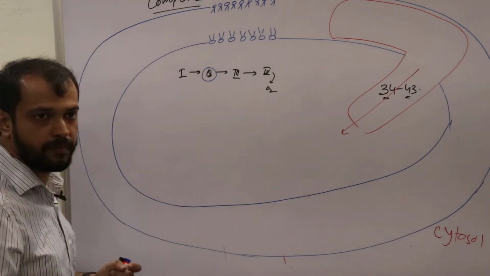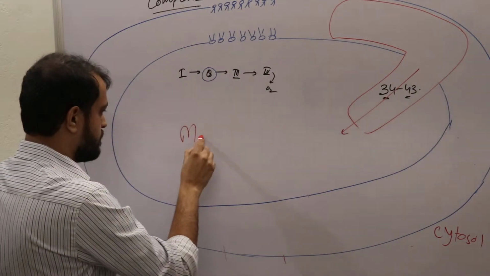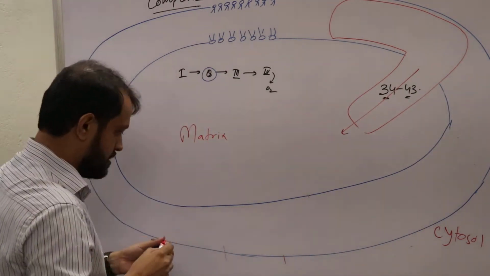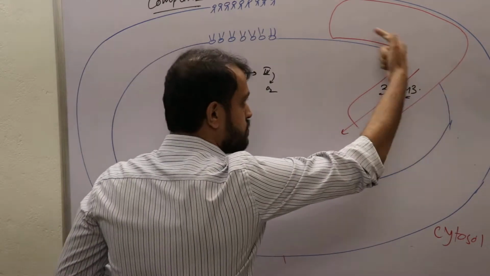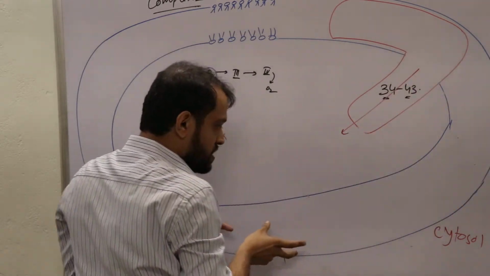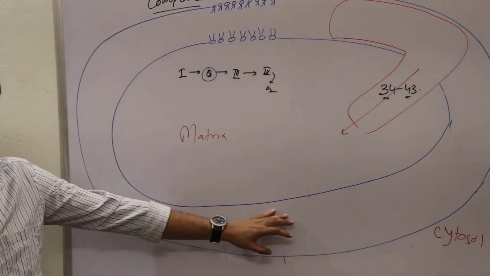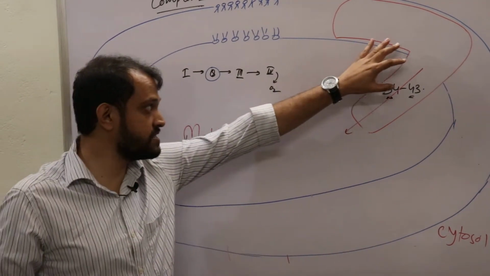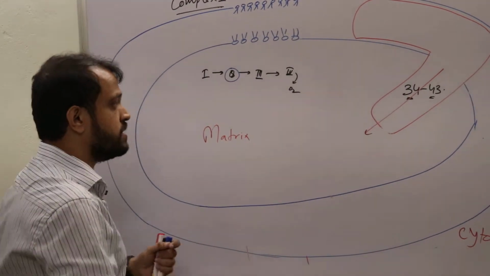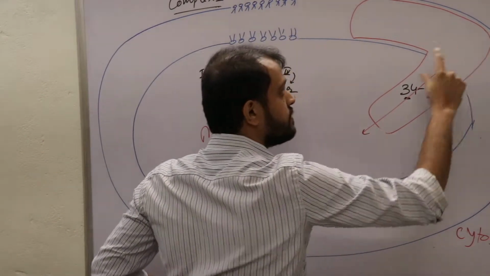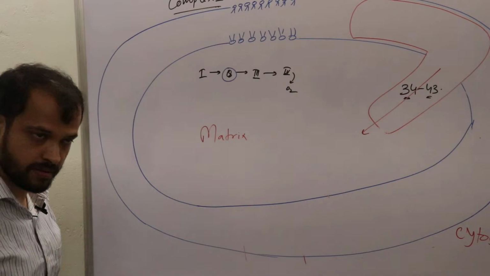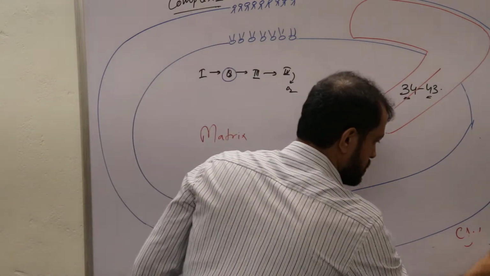Matrix. The vertical portion of the L should be present within the lipid bilayer of the inner mitochondrial membrane. The horizontal portion of the L should be placed within the what? Now listen, oops, I am really sorry.